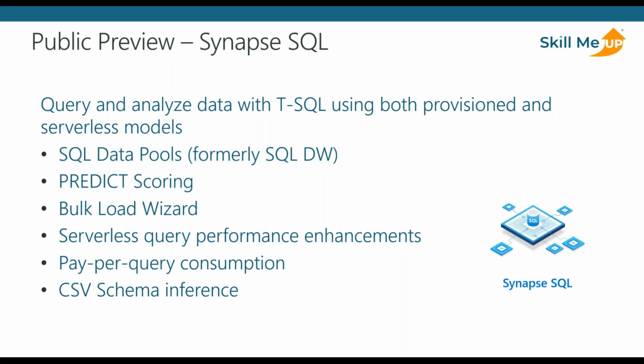You've got some things like predict scoring and your bulk load wizard. So we're offering some more wizard-based things. We saw the right click and run a query on demand if you need to, and we can do some CSV schema inference. This is just a subset, but there's a lot more capability that's being released, and you can go ahead and get that right from the portal today.